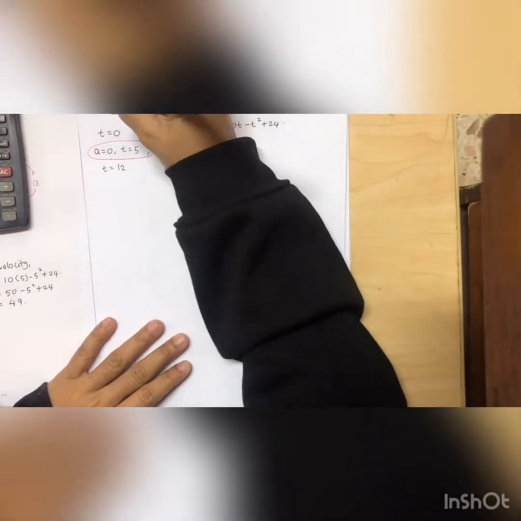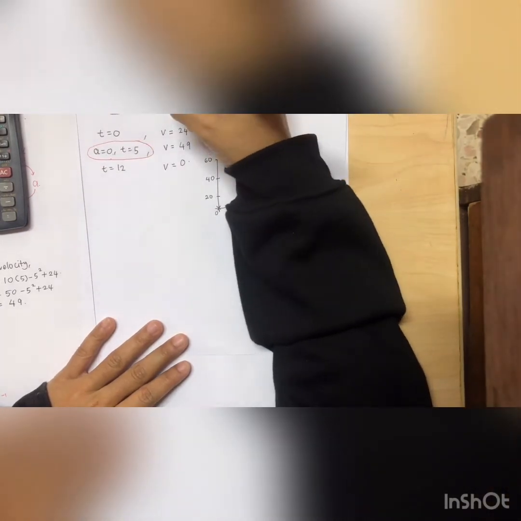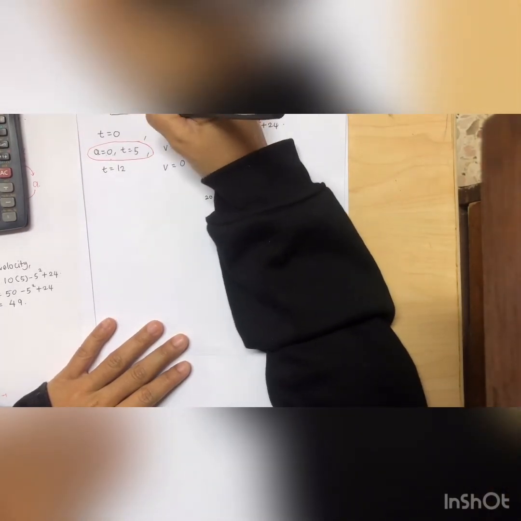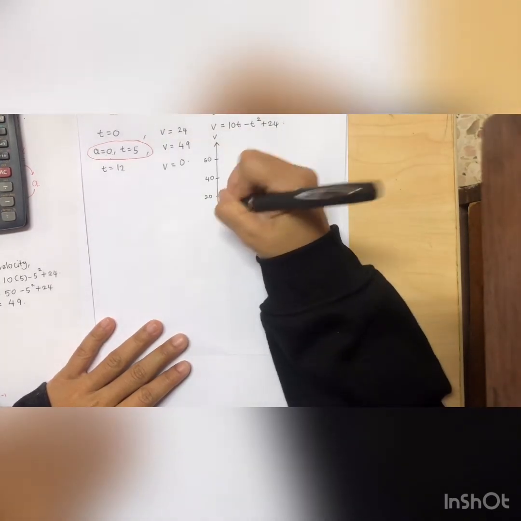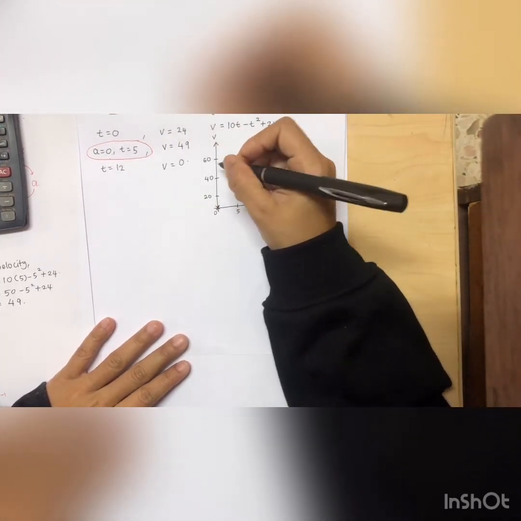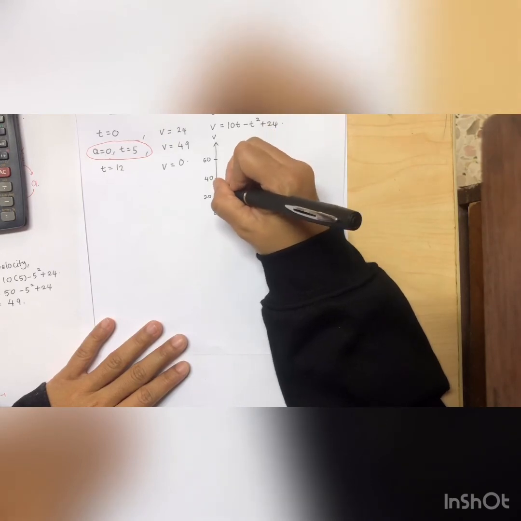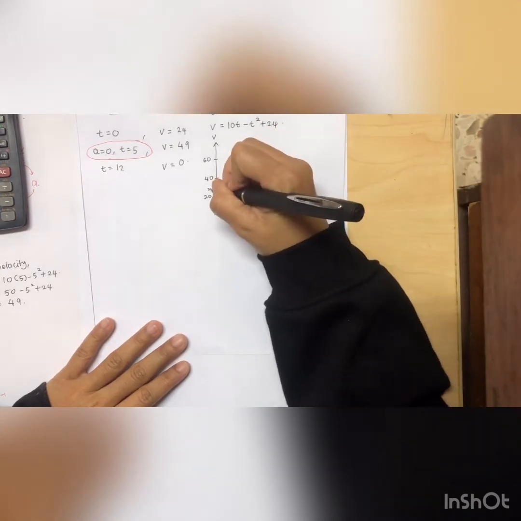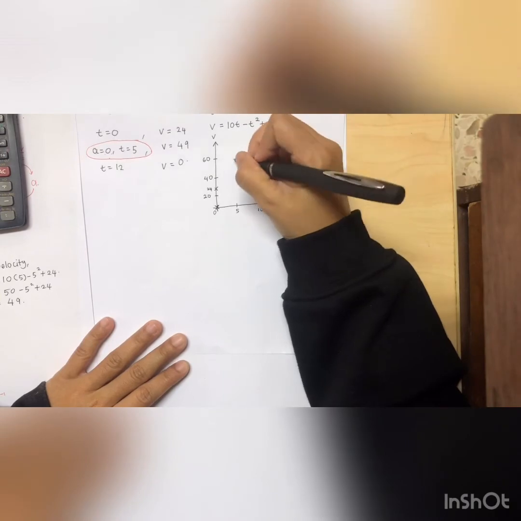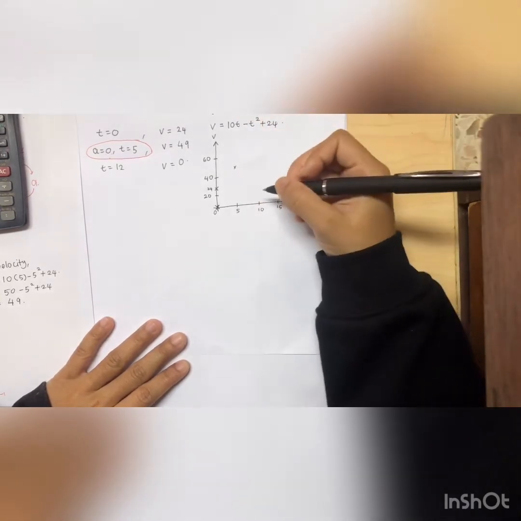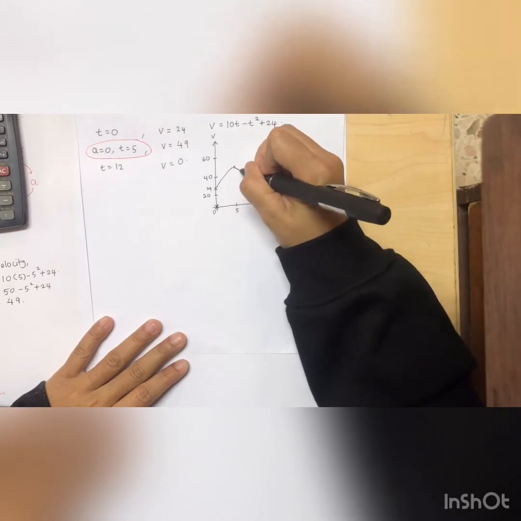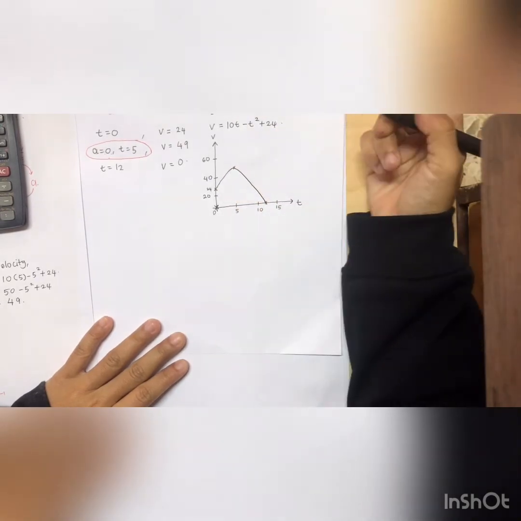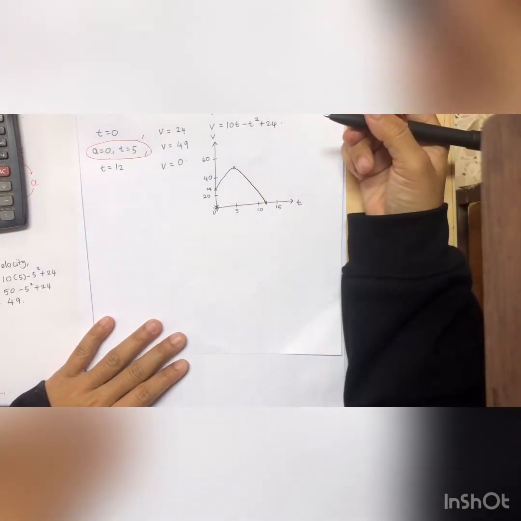When t equals 0, v equals 24. When t equals 5, v equals 49. And this one is 0. So when t equals 0, v equals 24, which is something like here. So 5, 49. 12 is 0. So this is supposed to be your graph.